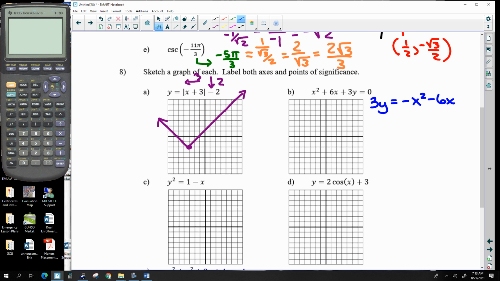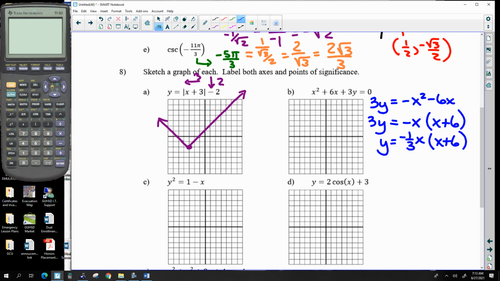Okay, I'm going to keep it right here just for a second. I'm going to GCF what I can. So I'm going to take out an x, and so this is x plus 6. All right. And now I'll get rid of the 3, so I divide by 3. So this is ultimately negative 1/3 x times x plus 6.